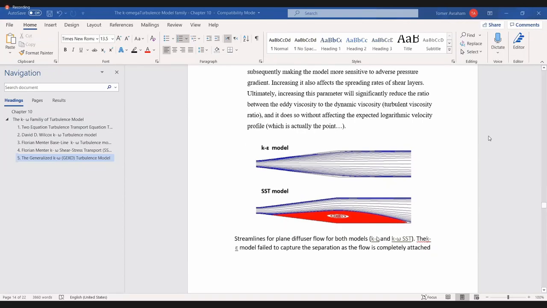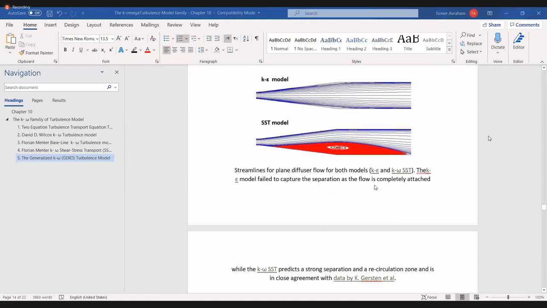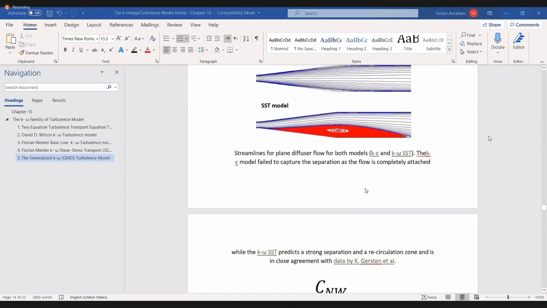So you can play with these 5 parameters, which are not calibration constants, okay? They are parameters, and you get different results. But you're going to have to check it on your own.